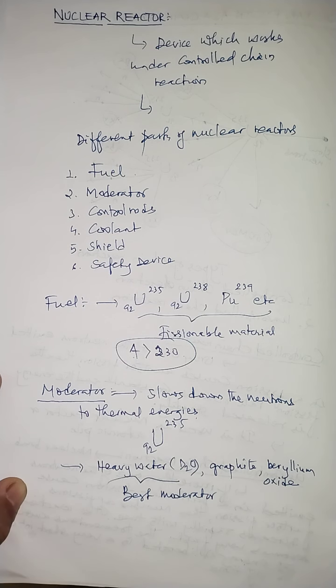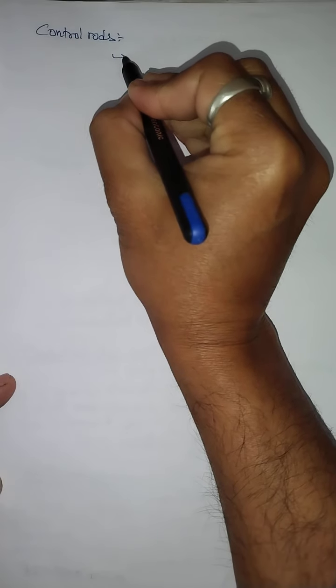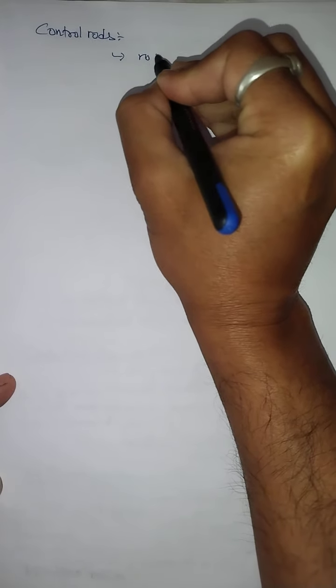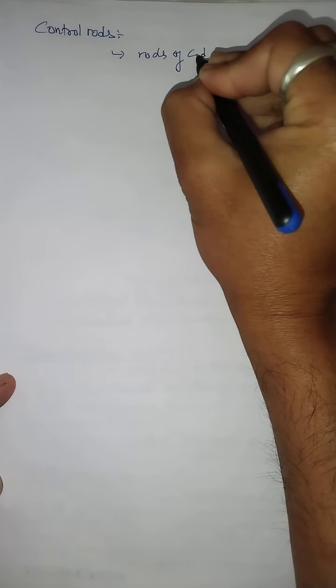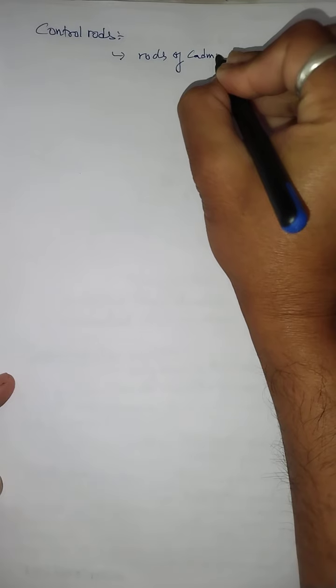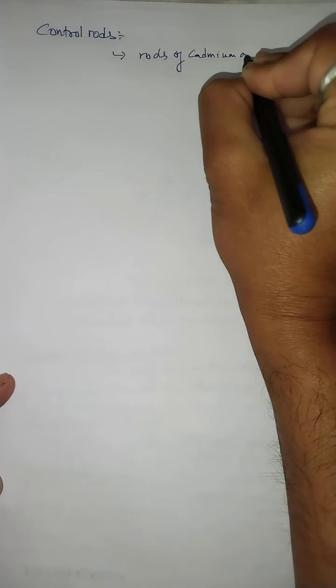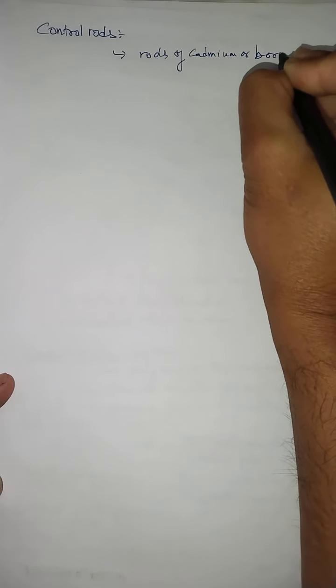So this is the second part of the nuclear reactor. Now we have the next part of the nuclear reactor, which is called control rods. Basically, control rods are rods of metal like cadmium, or they can be made of boron also.